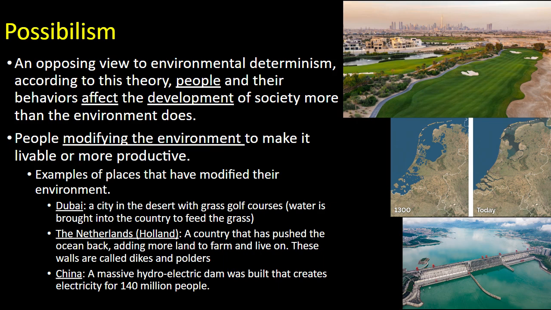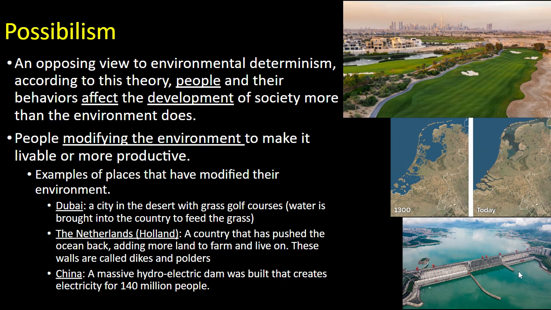So essentially they're pushing back the ocean. As you've seen in these 2 pictures, they've made the land bigger. This is great for them because they are a small country, so they need more space to farm, to grow more tulips.